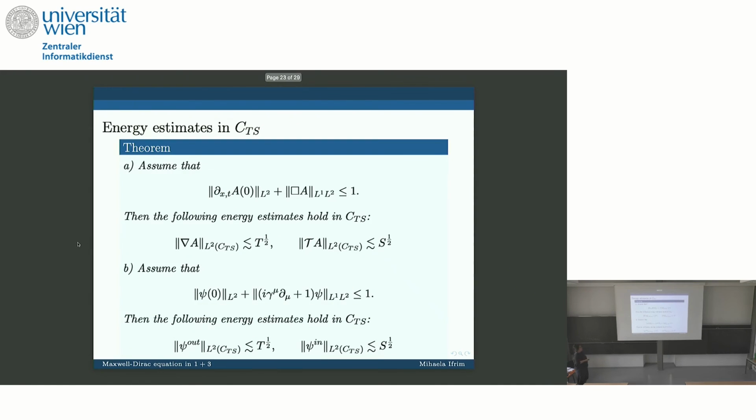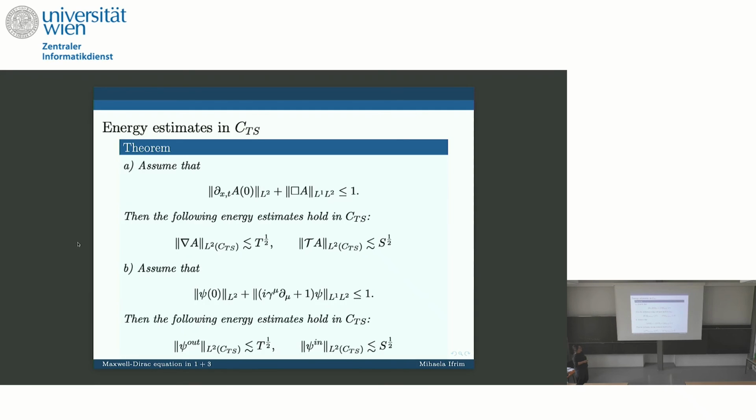So going back to improving those Klainerman-Sobolev pointwise bounds, we actually need to get back to the energy estimates and do them better in those CTS regions. Here I'm going to assume that the initial data is small in L2, and that the box is small in L1, L2.